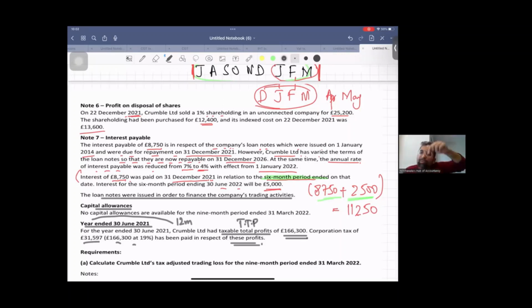In companies, you must follow this order. Do current year total profit first and then go 12 months back. Remember this. Current year total profits first and then 12 months back. This relief, we have to talk about it. Okay.